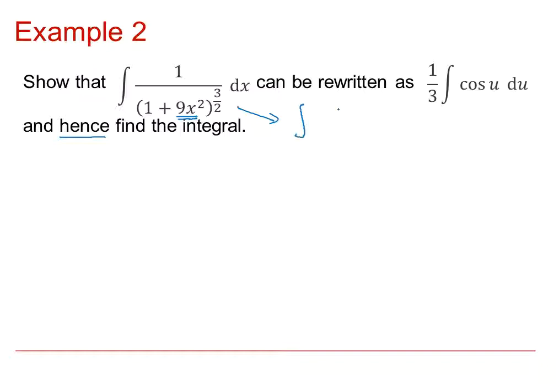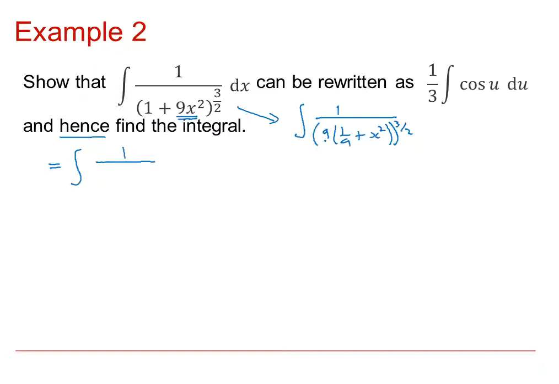So it's going to become the integral of 1 over, I'm going to pull out a 9, so I'll leave a 9th plus 1x squared, which is the advantage I'm looking for, to the power 3 over 2, and that will simplify now to the integral.